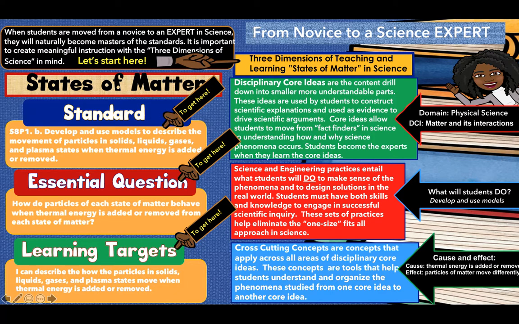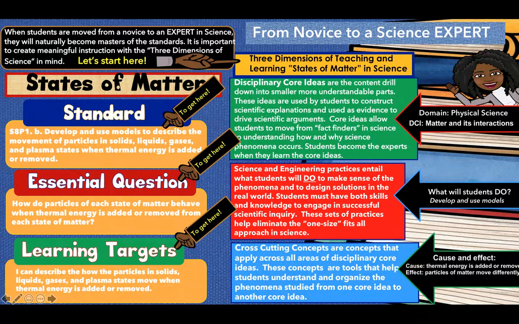These cross cutting concepts are the tools to help the students understand and organize the phenomena studied from one core idea to another core idea. So with cross-cutting concepts, you can have patterns. There are specific patterns that students will observe from one grade to another grade.